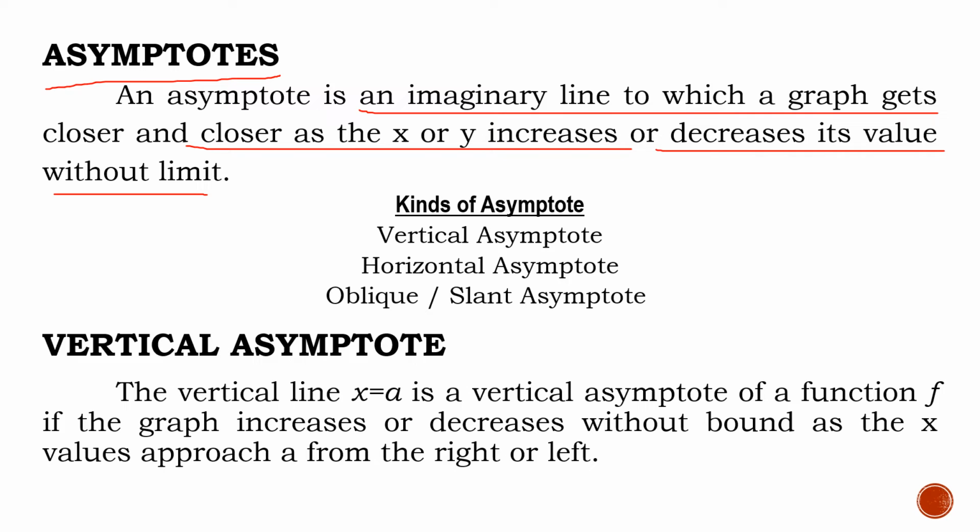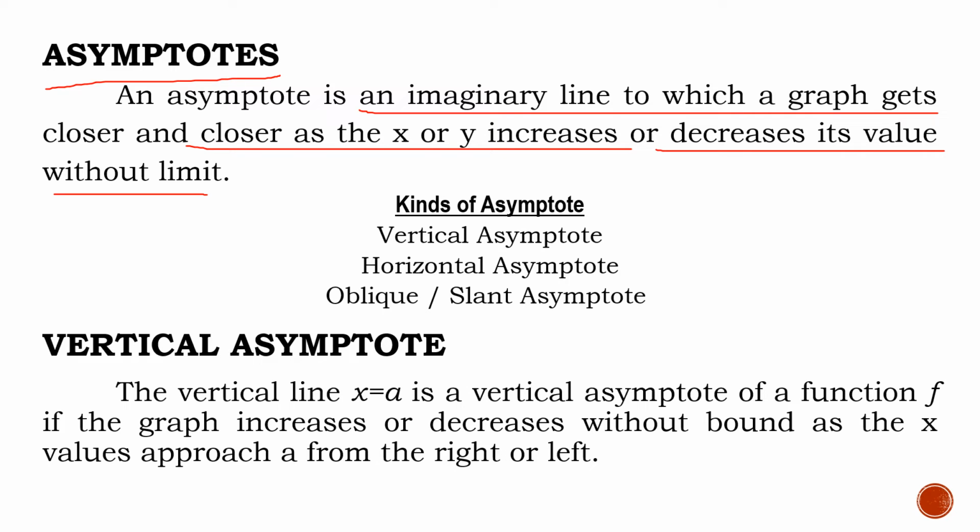That's why an asymptote is an imaginary line that serves as a guide for your curve, but there is no such thing as a point of intersection between your curve and your asymptotes.